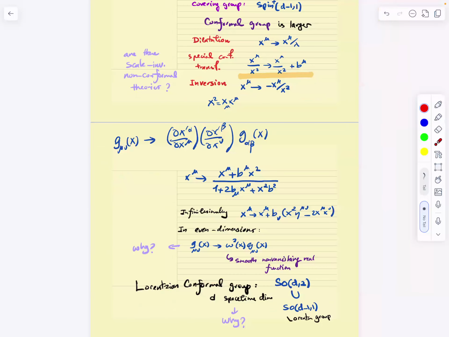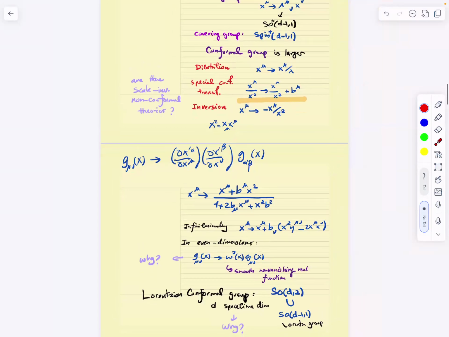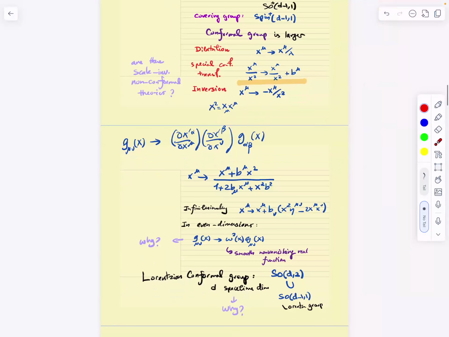The Lorentzian conformal group is SO(D,2) in these space-time dimensions. The Lorentz group is SO(D-1,1), which sits inside this. So do think about why the conformal group is SO(D,2).